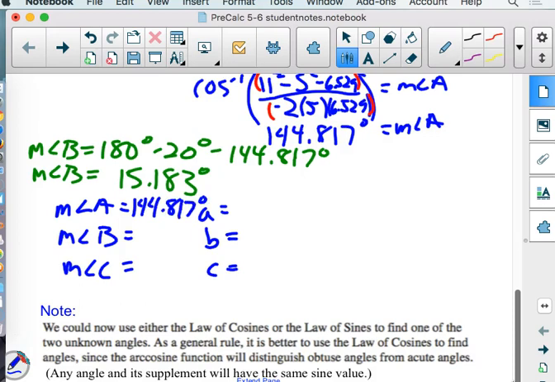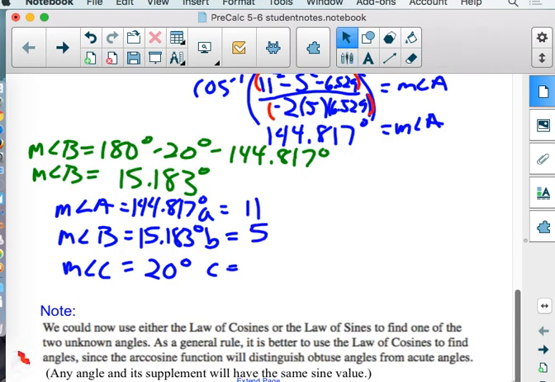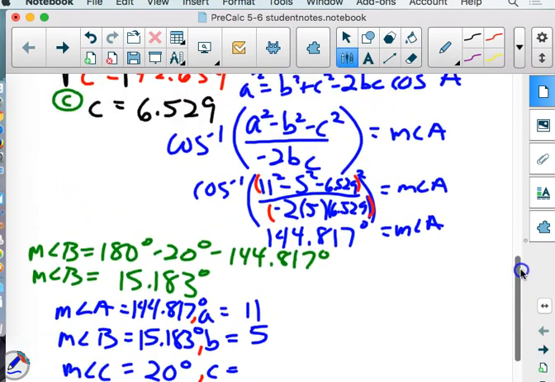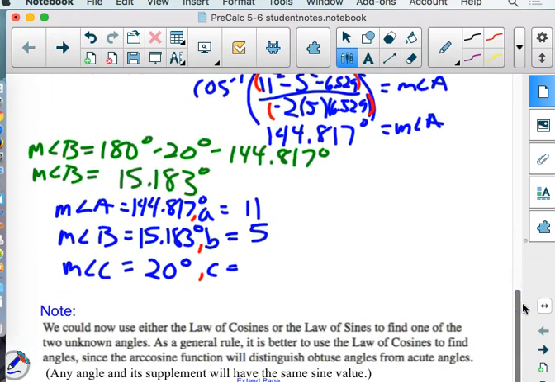Measure of angle B, 15.183 degrees. Measure of angle C was given to us, that was 20 degrees. Little a, 11. Little b, 5. Little c, we found that one up here, 6.529.